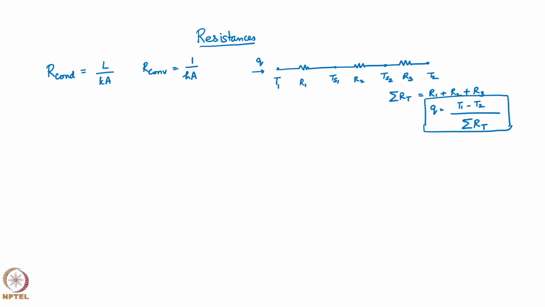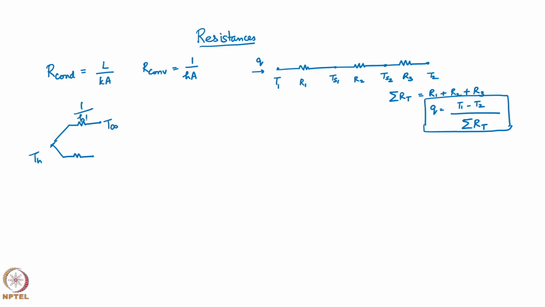So, the summation R total would change depending on when the resistances were in series or parallel. So, when the resistances are in parallel, when will that be? We said if there are multiple paths for heat transfer across the same temperature difference. What do I mean by that? If I have a wall which is at a temperature Th and the surrounding fluid is at temperature T infinity, there is convection to that.